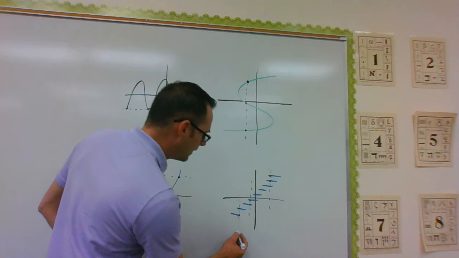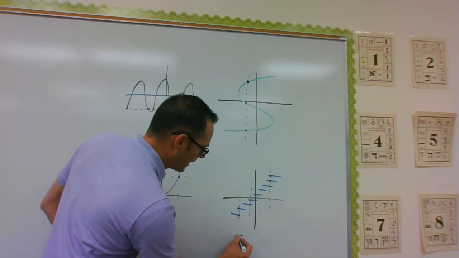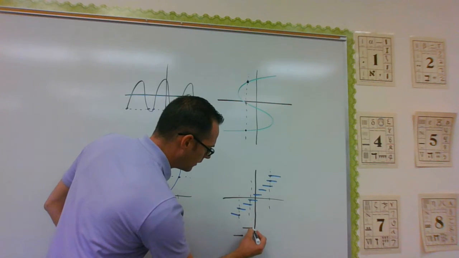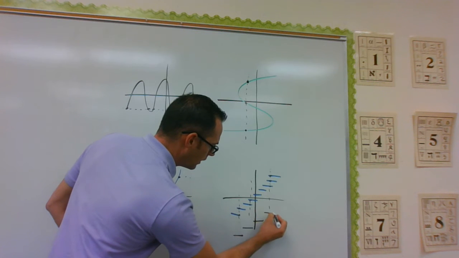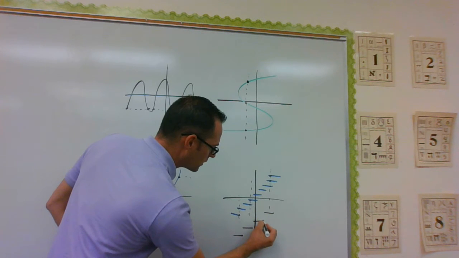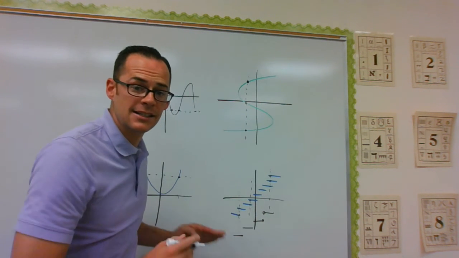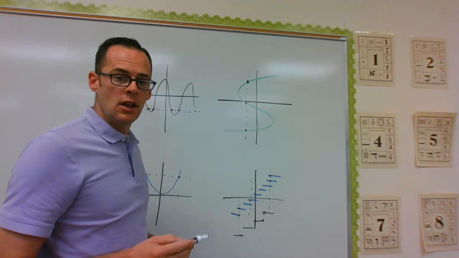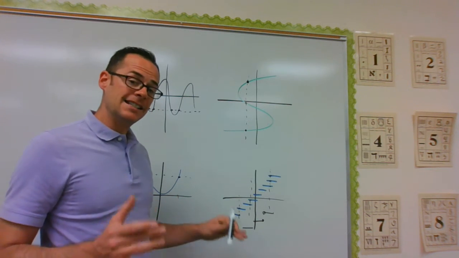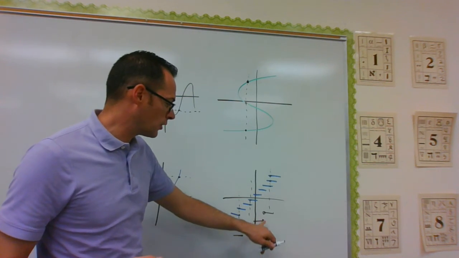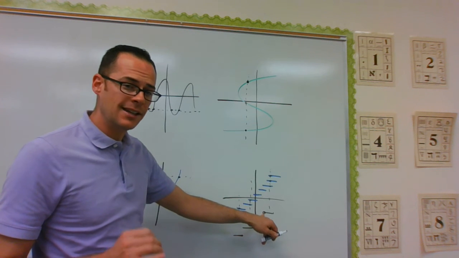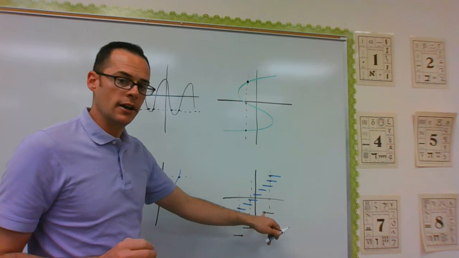Now that being said, let's say that I had one and went like this, but this one was solid and this one was open. That's the same x, but this one is open, meaning that it does not count. That is a function because even though this is solid, this is open, so it's not technically directly on it.